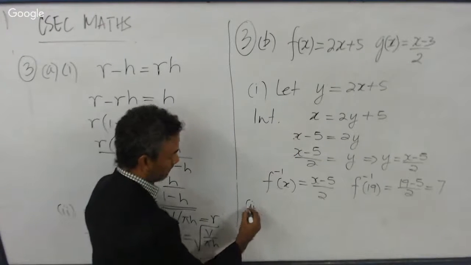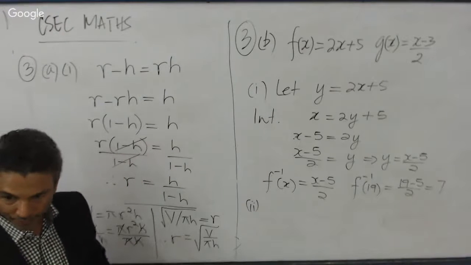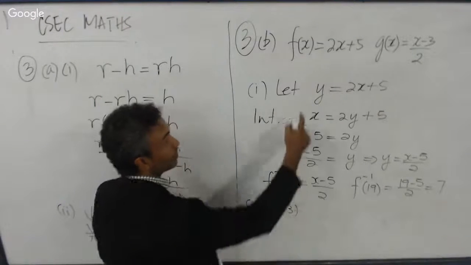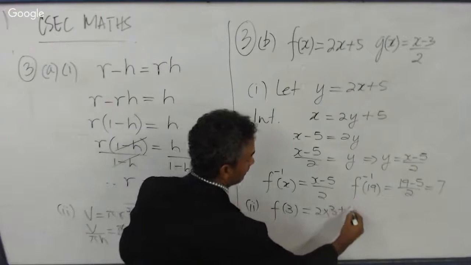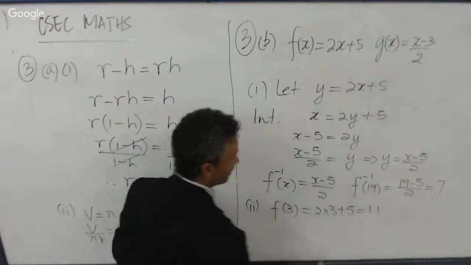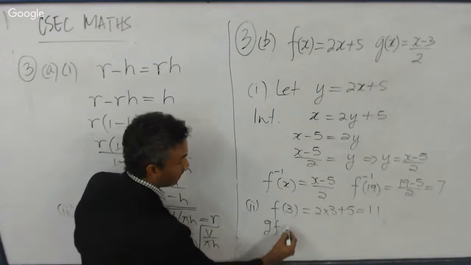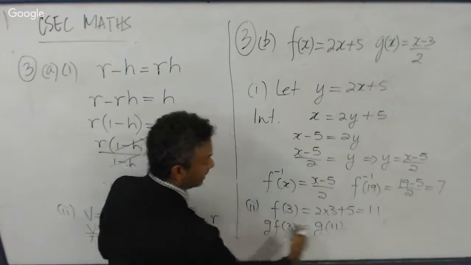2, find gf of 3. Most of us will find f of 3 first using the f function. 2 times 3 plus 5. You get 6 plus 5, 11. So gf of 3 is the same as g of 11. You don't have to write these steps.